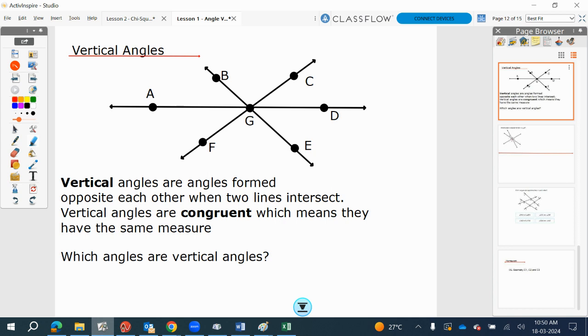Okay, let's have a look. Vertical angles are made when two lines intersect. So this line and this line intersect, making vertical angles. This angle here and this angle here are vertical angles. One example would be FGE, that's this one, and BGC.